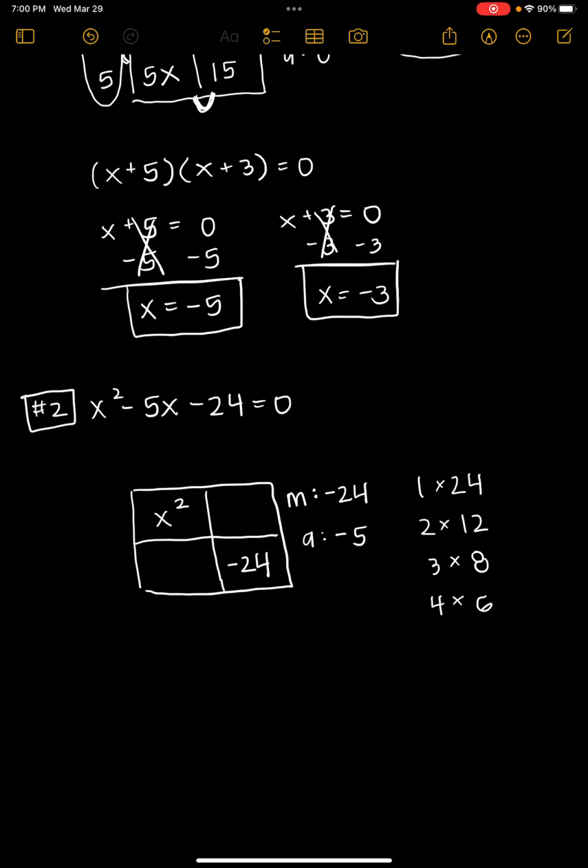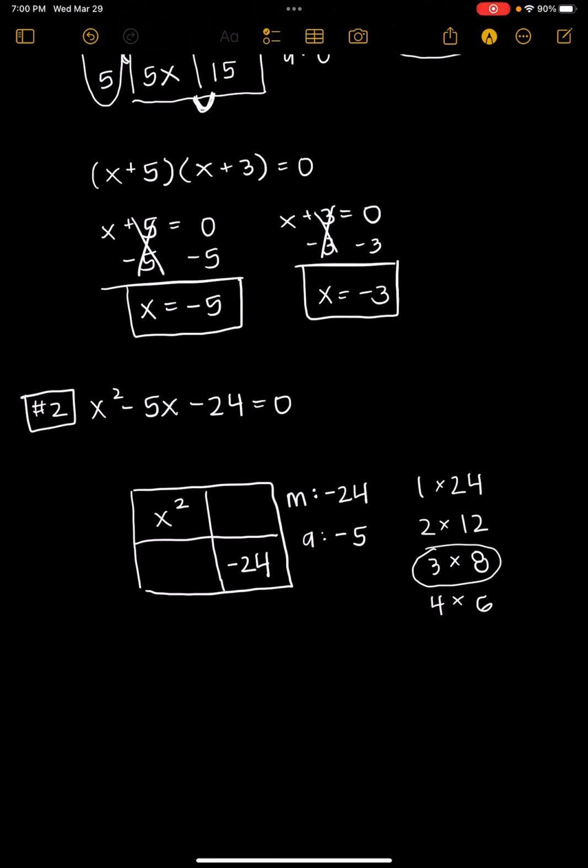Now this one's slightly different than the first example because we're dealing with negatives here. And so unfortunately, there's nothing that I add and I can say, oh, that gives me negative 5 right off the bat. But what if I attach negatives to some of the numbers? Notice that you have to multiply not to just be 24, but multiply to be negative 24, which means that one of your numbers has to be negative. So I'm going to tell you this one is the 3 and the 8.